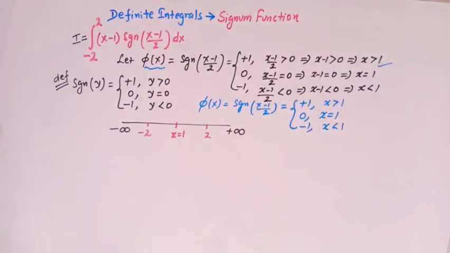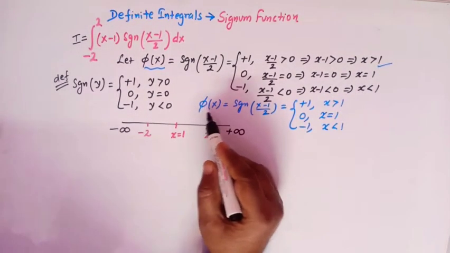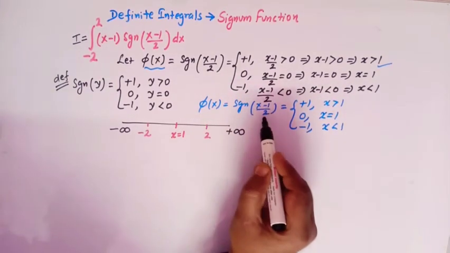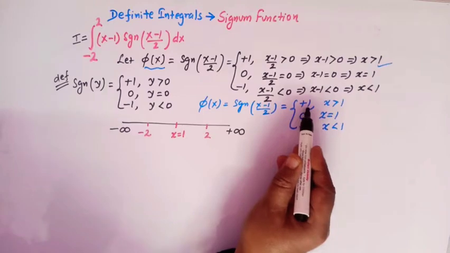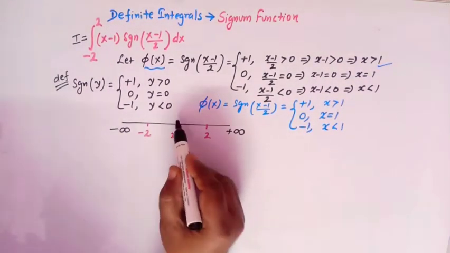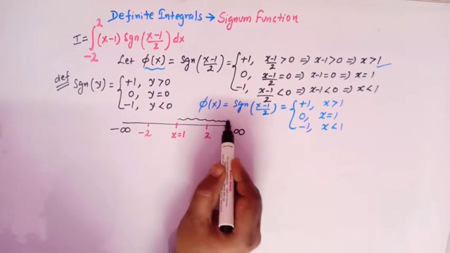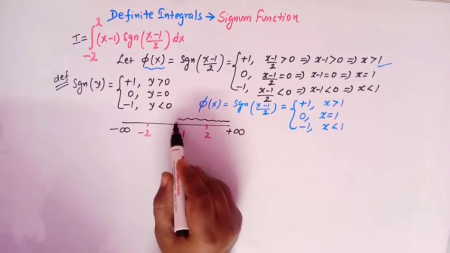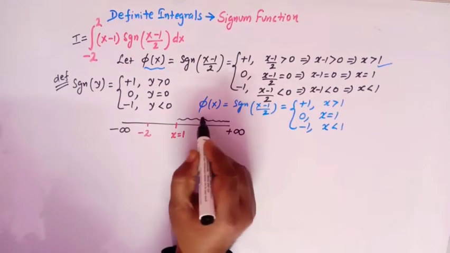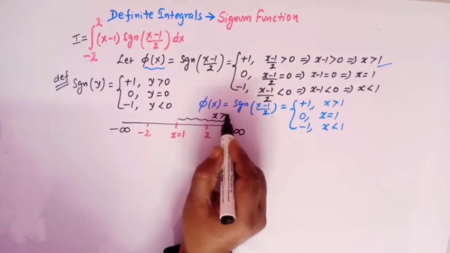Signum of x minus 1 over 2 is equal to plus 1 whenever x is greater than 1, so this portion of the number line corresponds to x greater than 1.